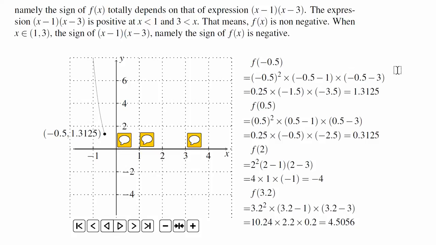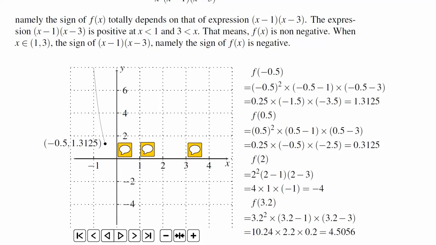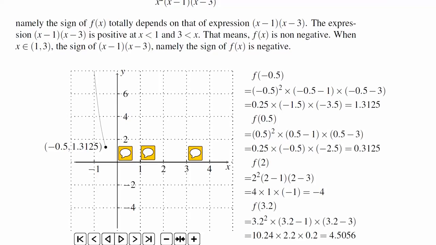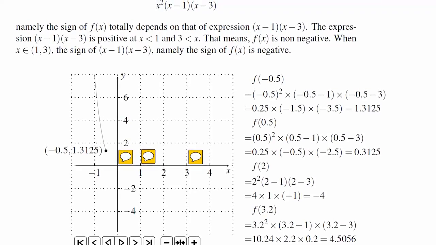You plug this into the expression: negative 0.5 squared times negative 0.5 minus 1 times negative 0.5 minus 3.